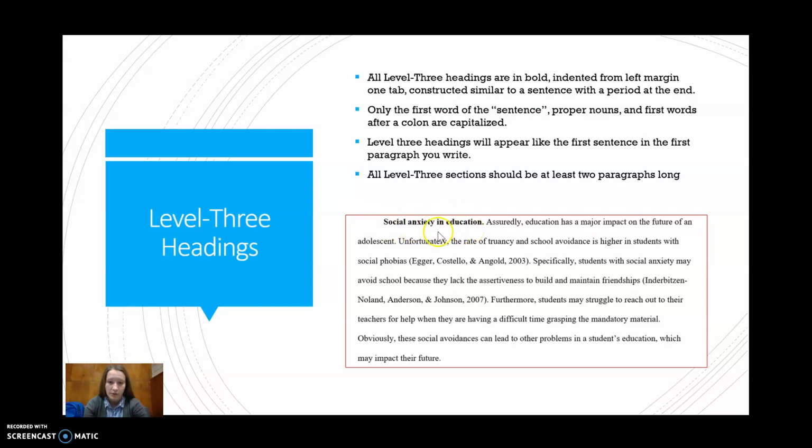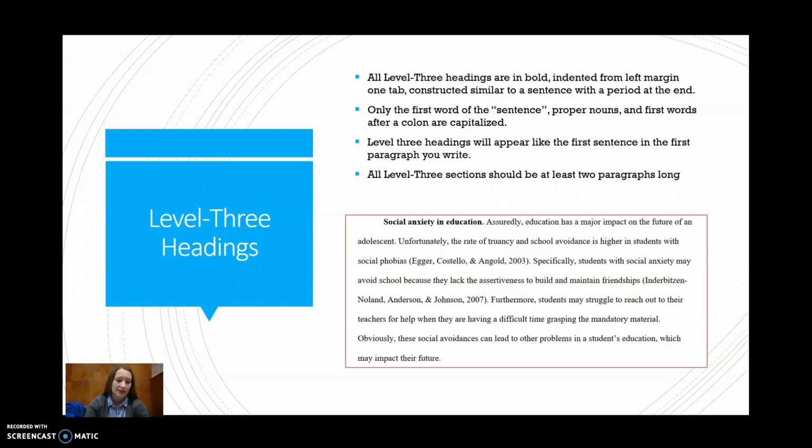So you would only capitalize proper pronouns and the first word. Other than that, it's just like a sentence in bold. And then you start your paragraph right after it. And level 3 headings would also have at least 2 paragraphs, but could have 3.